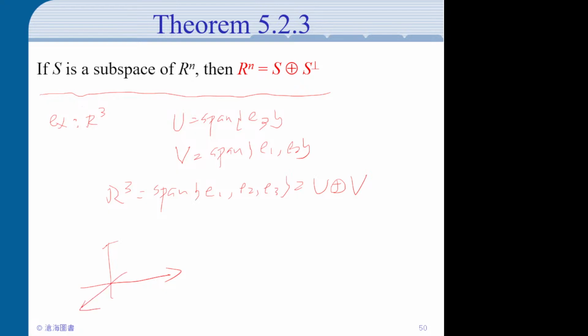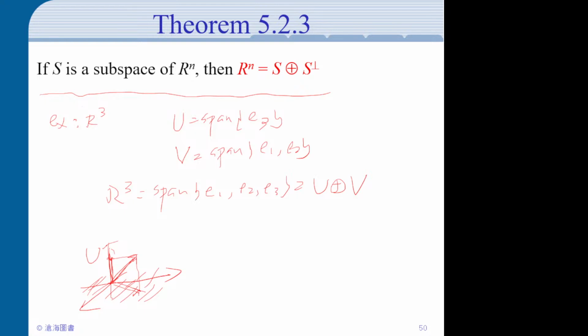We have this three-dimensional space, and U is this line. U is the span of E3, so it's the z-axis, and V is span of E1, E2, so it's the xy plane. Whatever vector you have in R3, you can write it in components to U and V. So it's a Z component and an XY component, and this is a unique decomposition.